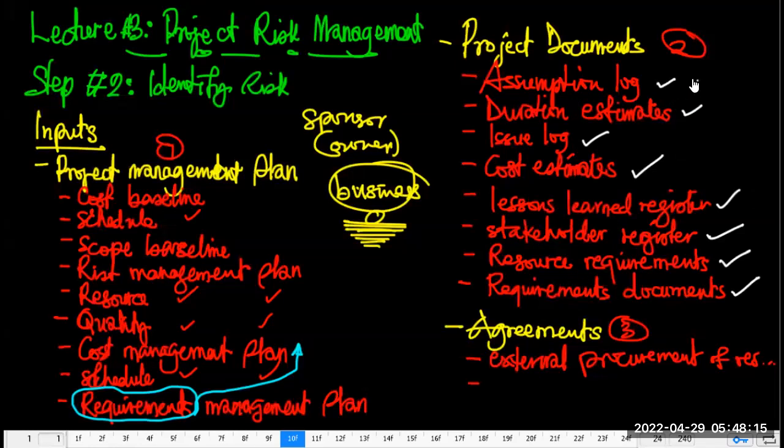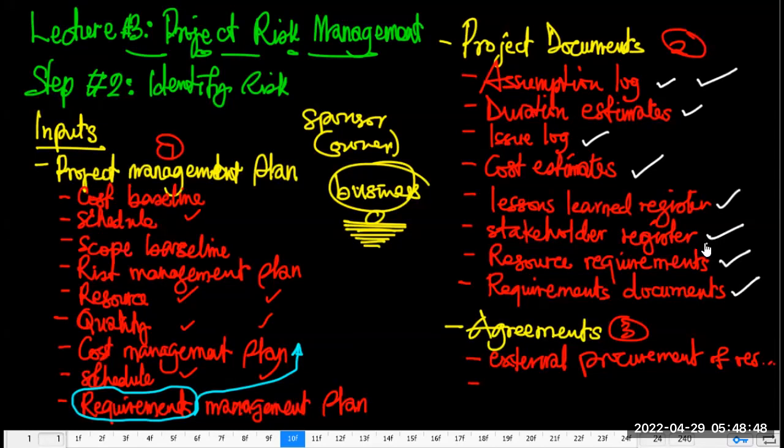You might end up presenting a new assumption log, which may supersede the assumption log you made reference to. You made reference to duration estimates. You might come up with a new duration estimate based on the risk you've identified. You might come up with a new lessons learned register based on risk you've identified. You might come up with an updated stakeholder register, right?